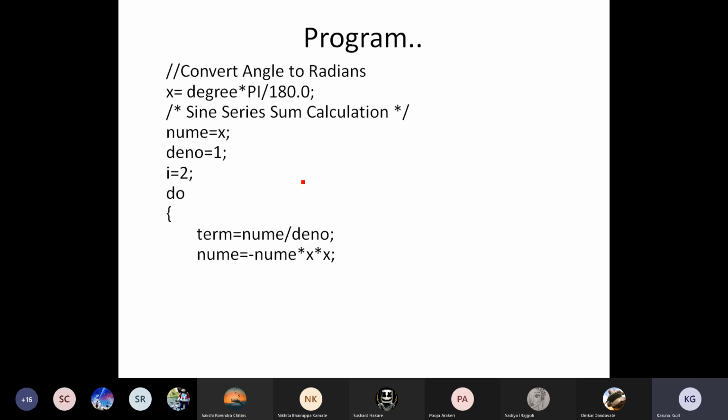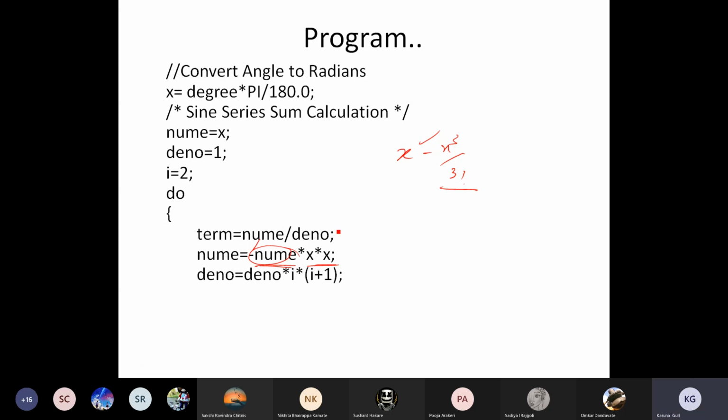What is the next numerator term? First numerator you already know is x, into x cube. You already know this is x here. I've taken just minus for this because I want it to be minus there. Then it should be multiplied with x square. What about the denominator?